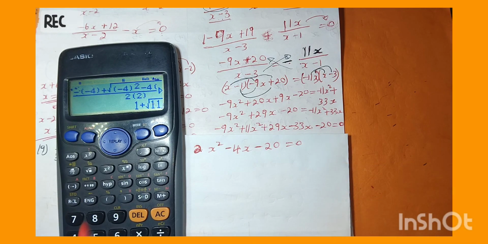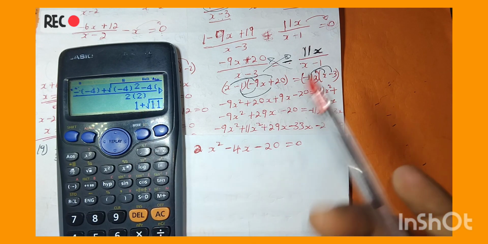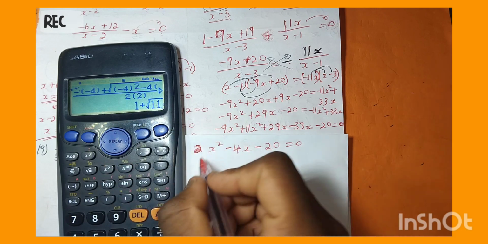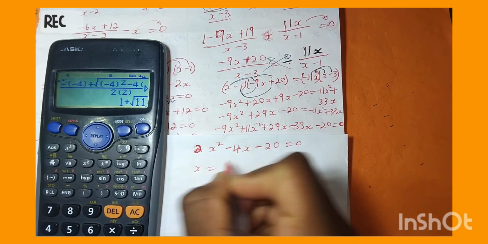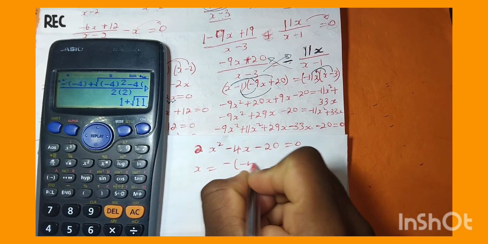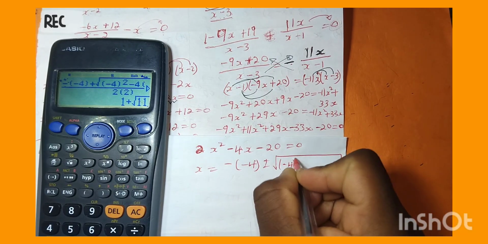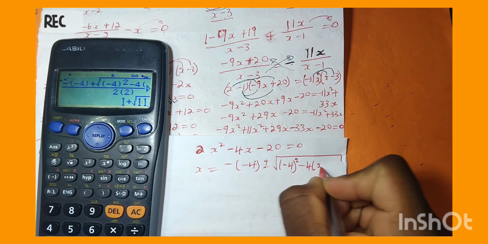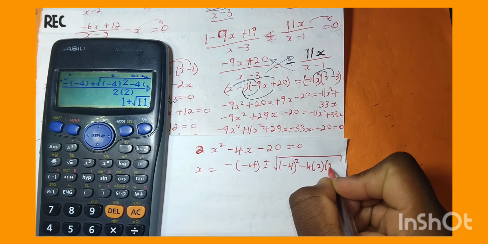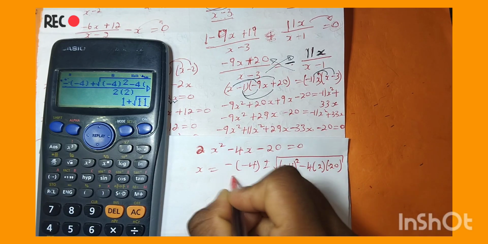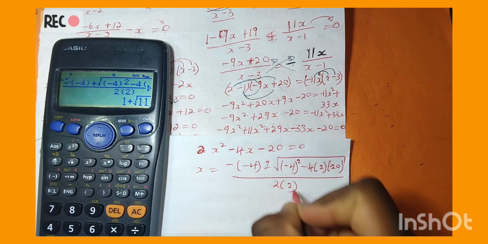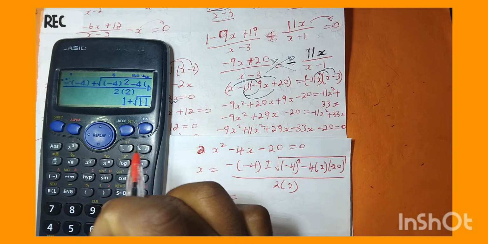So the moment guys you get this answer there, it means that you should write your equation the way it is, meaning plus minus 4, 2, which is 4 and 2, and here it's negative 20 and 2. So meaning now this is the answer that you got.